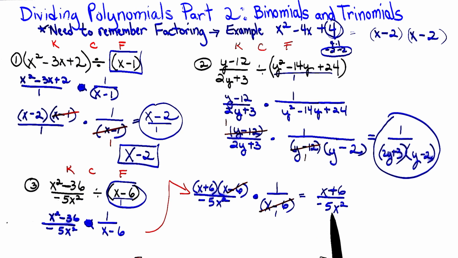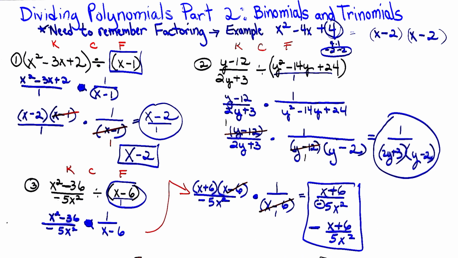However, the best format, when you have a negative in the numerator or the denominator, is to put it right in front of the fraction, because since this is positive and this is negative, our fraction is going to be negative. So it's -(x + 6)/(5x²). Either one of these answers would be correct.